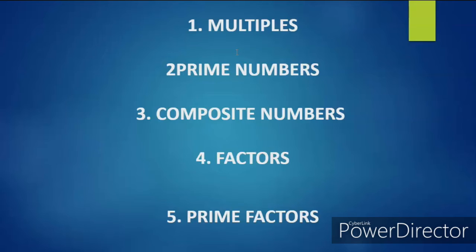Today we're going to learn what multiples are, what prime numbers are, what composite numbers are, what factors are, and what prime factors are. We're going to look at some examples as well, how we can look for our factors and how we can also look for prime factors in any given number.